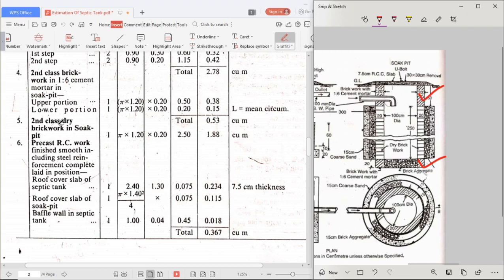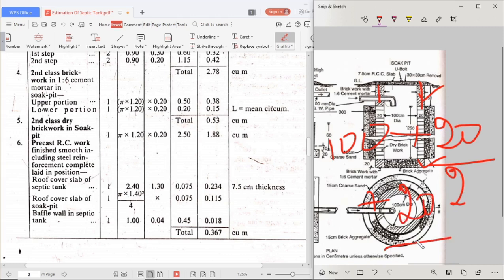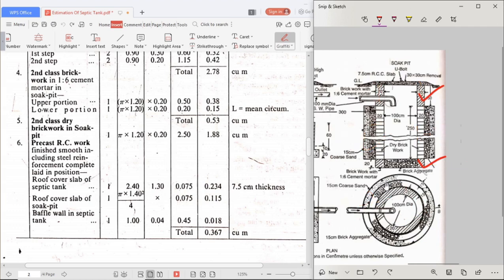Now for the upper portion, we have to take the center to center distance, that is 100 plus 20 by 2 plus 20 by 2. So 100 plus 10 plus 10, we will get the mean circumference.